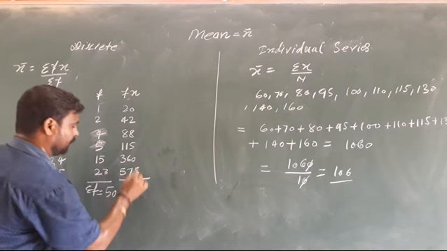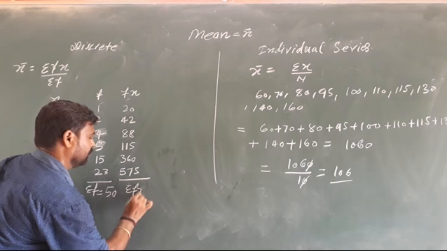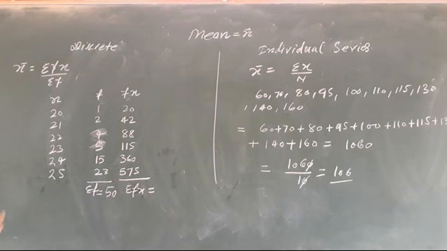Now we will have the sum of fx. Now just total it: 1200.